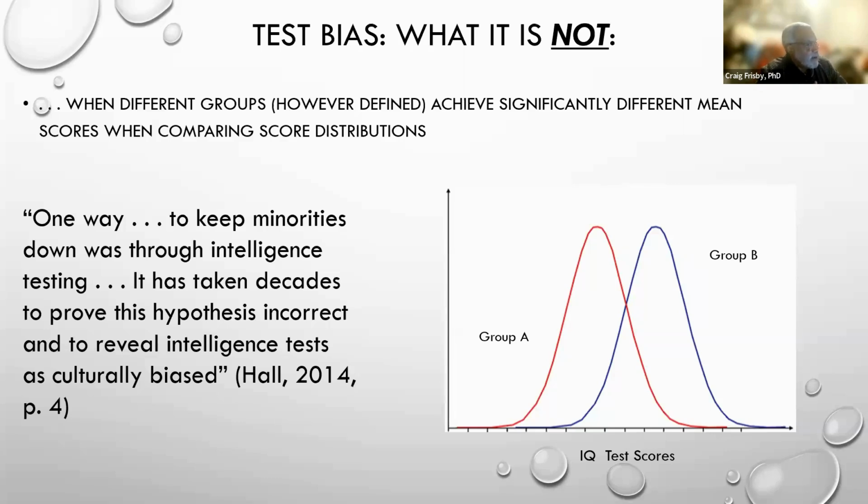And what they mean there is when we find that some minority groups have lower mean scores in the intelligence test distribution, they argue, and this is in a modern psychology textbook, they say that this is wrong, this is incorrect, and that we know, and I use that as in air quotes, we know that intelligence tests are culturally biased. So basically, this kind of idea is widespread, unfortunately.